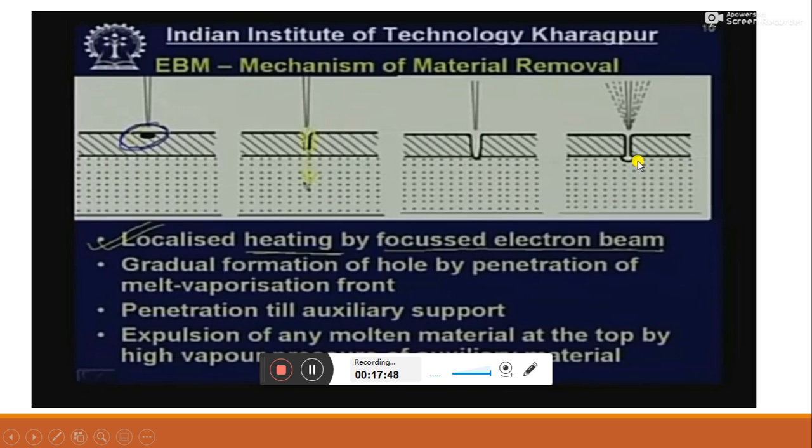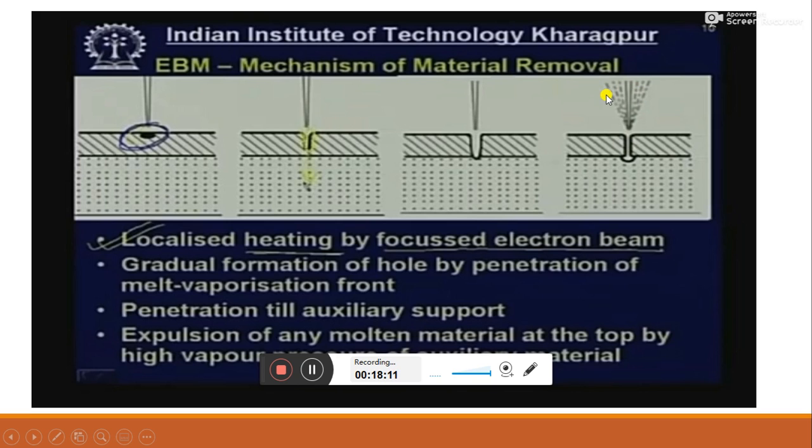Then what happens? As the melt reaches here, the auxiliary material is a material that melts very fast. So it melts suddenly and forms vapor, and it will push any molten material present inside out.